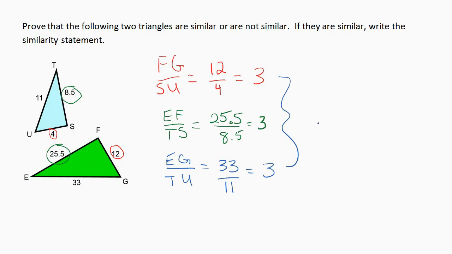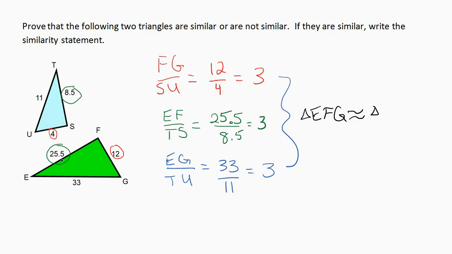And now it's just up to us to write the similarity statement. Okay, so for our similarity statement, let's pick triangle EFG first. So triangle EFG is similar to triangle. Now we have to make sure that we line up the angles from the first triangle with the angles from the second triangle.